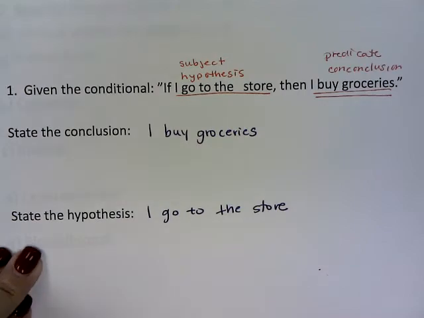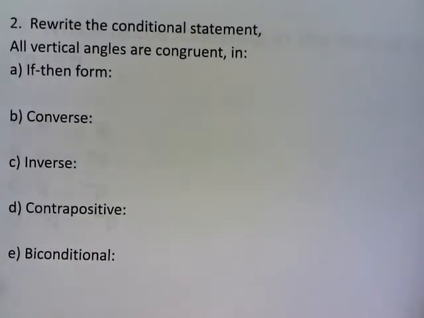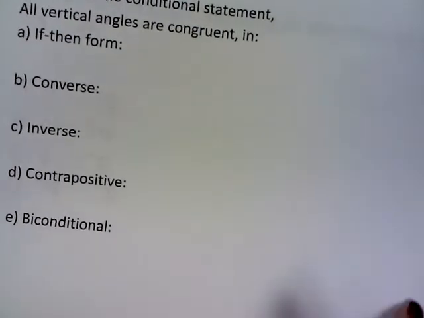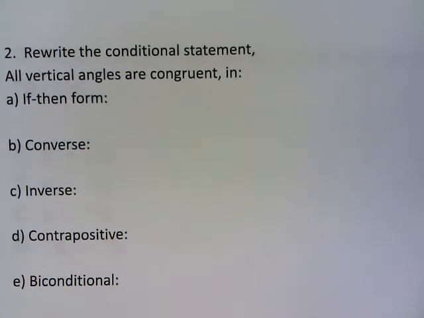Okay, number 2. We're going to rewrite this sentence into a conditional statement, which is our if-then form. And then we're going to find the converse, the inverse, the contrapositive, and the biconditional.